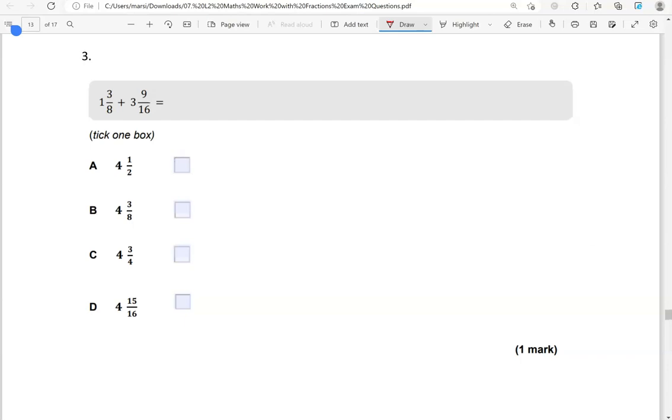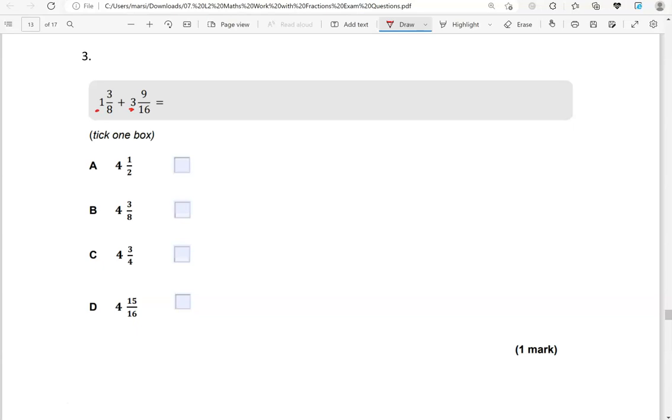1 and 3/8 plus 3 and 9/16. What's that equal to? The options that we're given are mixed numbers, so using a calculator is not going to help us much here. So what I'm going to do, ignoring the whole numbers to begin with, I'm going to focus on 3/8 and 9/16.